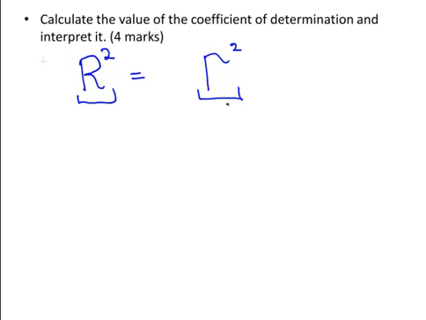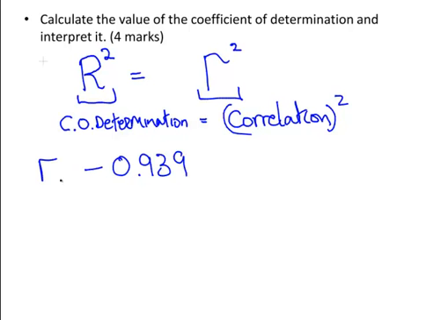So, how do we calculate that? The Pearson correlation was minus 0.939. So therefore r squared equals the square of minus 0.939. Square it, and we get an answer of 0.88.